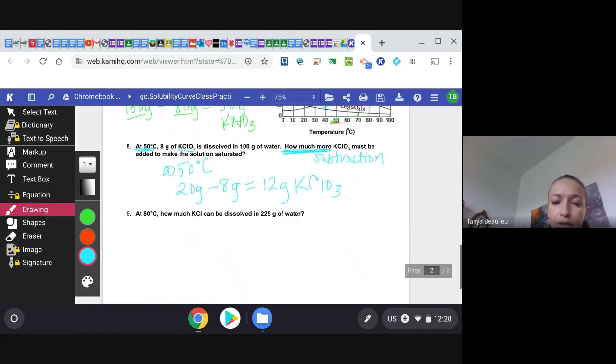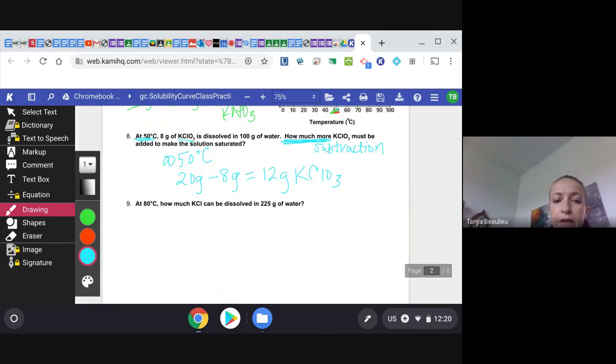Okay, so we're going to do one more problem here. It says at 80 degrees Celsius, how much potassium chloride can be dissolved in 225 grams of water? So this problem we can see is a different amount of water. It is not 100 grams of water. So that means it's going to be a proportion problem. How much potassium chloride can I dissolve in 225 grams of water?